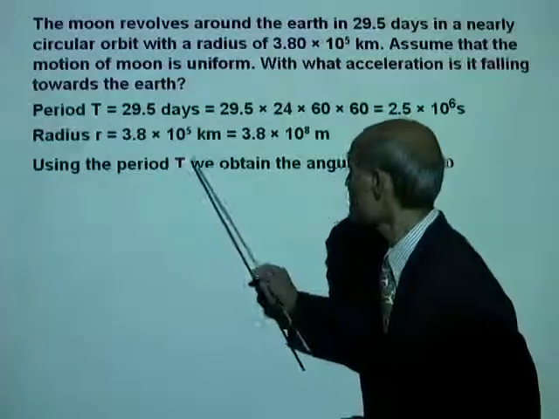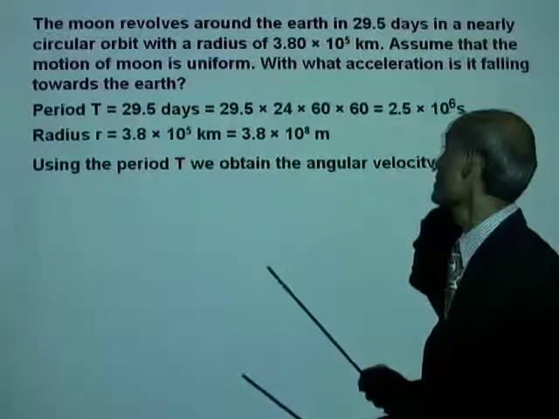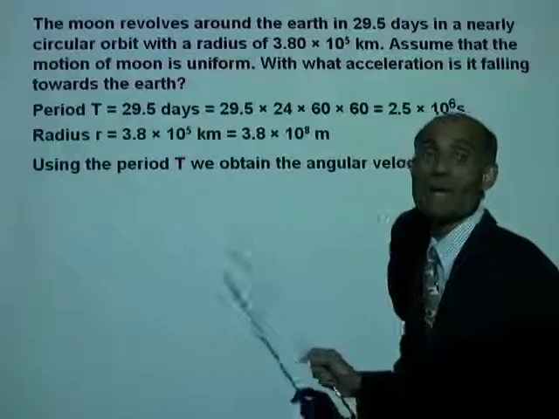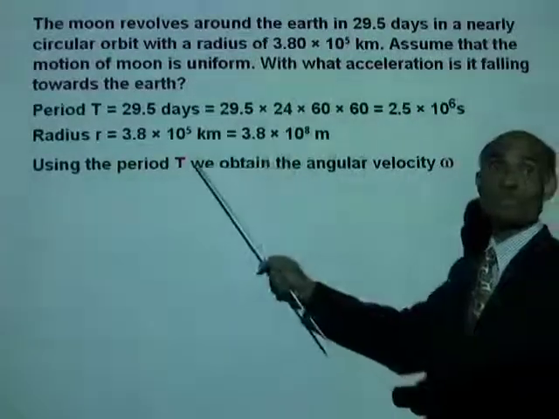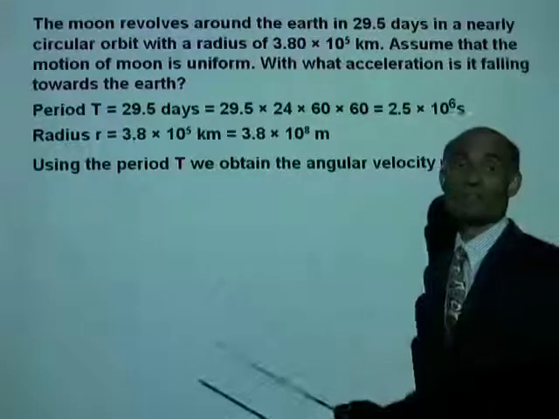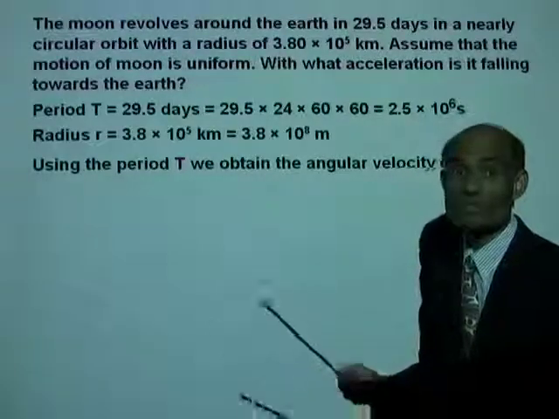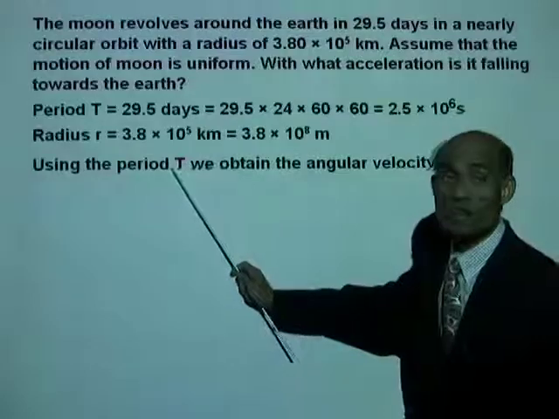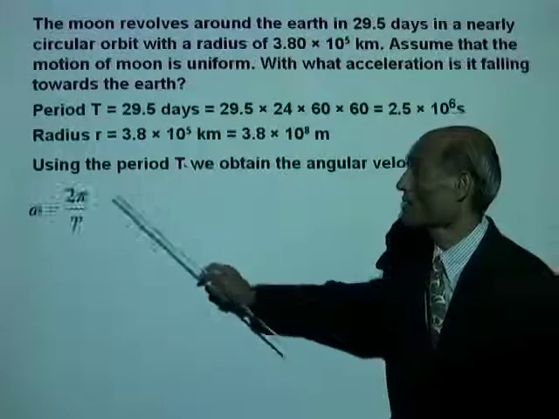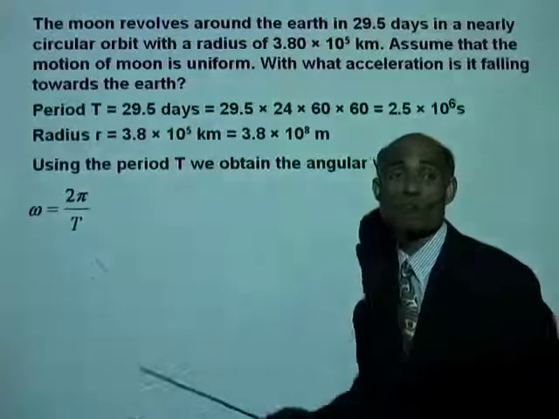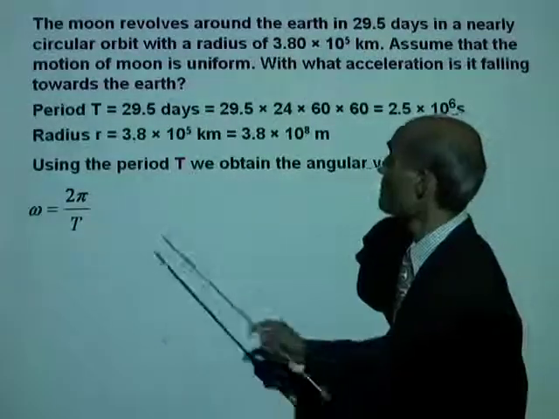Using the period T, we obtain the angular velocity omega. How do we obtain the angular velocity omega if you know the period? Omega equals the angle described during one period, which is 2 pi. So omega equals 2 pi divided by the period.